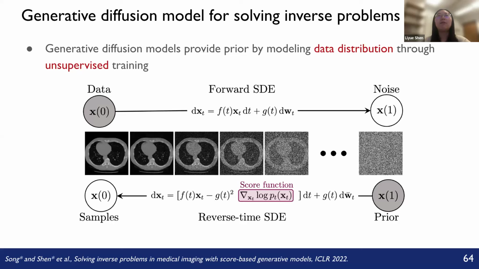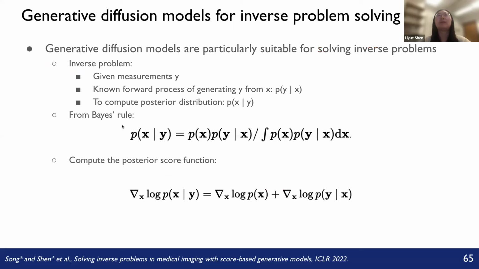And in this way, given such a prior, how can we do the sampling to generate the constrained or conditional samples by combining the information from both the data distribution prior as well as the constraint that we observe from the measurements Y here? So this is the key motivation for us to think about using diffusion as an inverse problem prior.